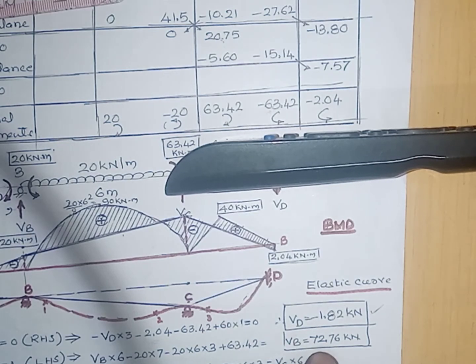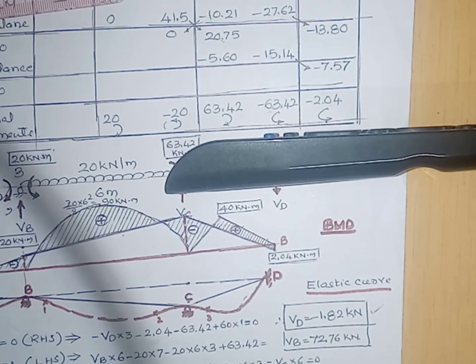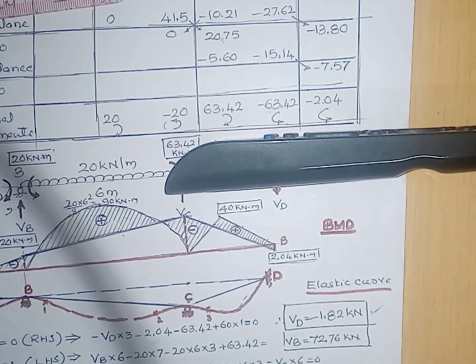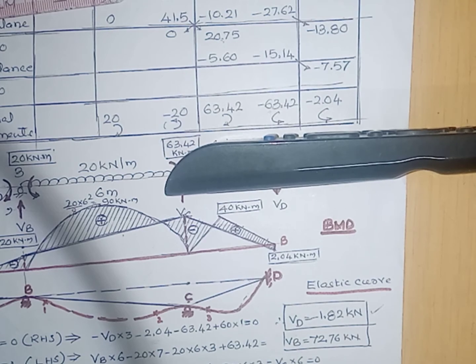Then VB equals 72.76, that is upward. Then by using another equilibrium equation, summation of Fy equals 0, you will get VC equals 129.06 kilonewton.